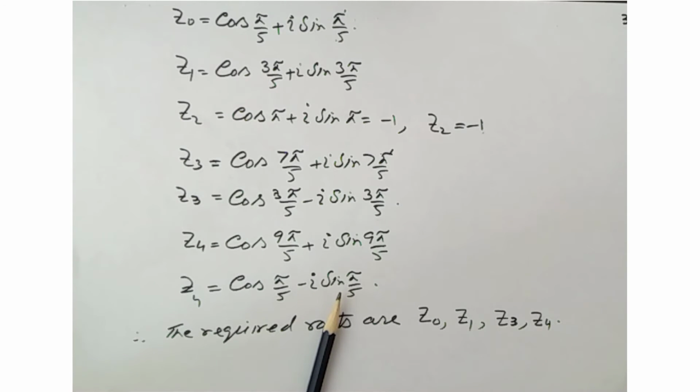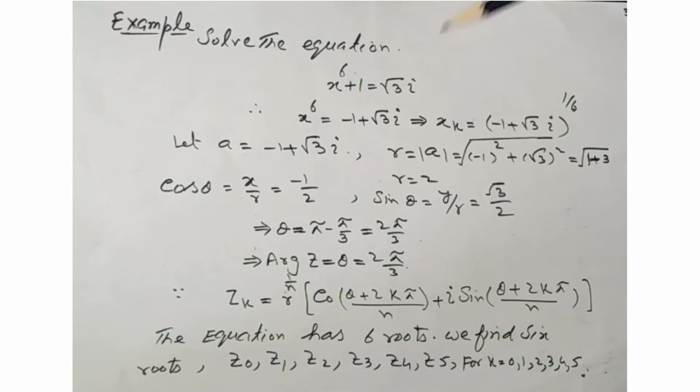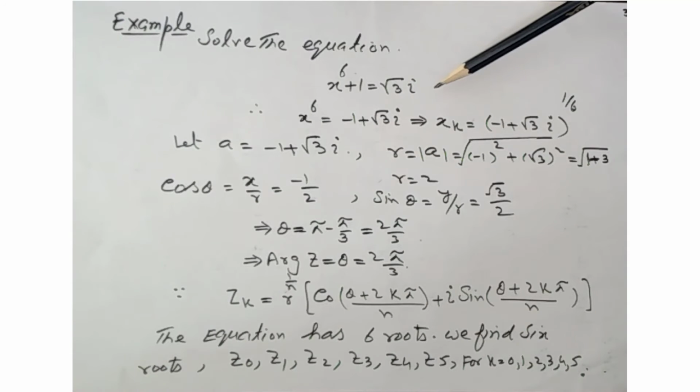So these are the 5 roots of the given equation. Because z2 equal to minus 1 is out of our discussion, the 4 roots will be z0, z1, z3 and z4.